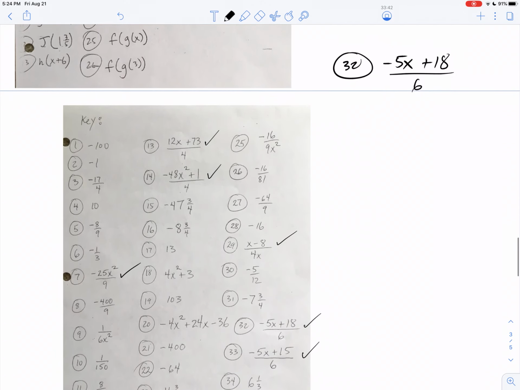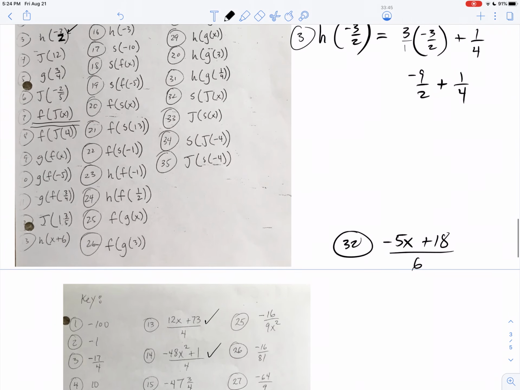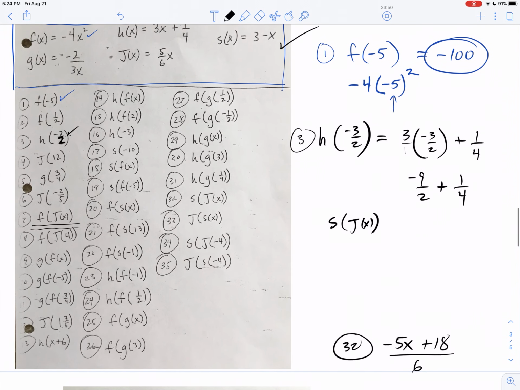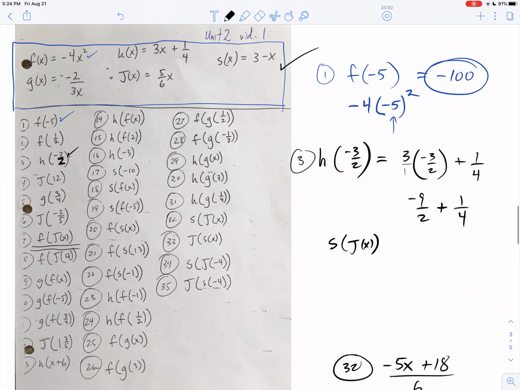So let's see what was the question for 32. It says s of j of x. So what is j of x? 5x over 6. Ooh, they did one of those. Look, does the x go with the top or the bottom? It goes with the top. So it's like saying 5x plus 6 is going to get plugged into s.